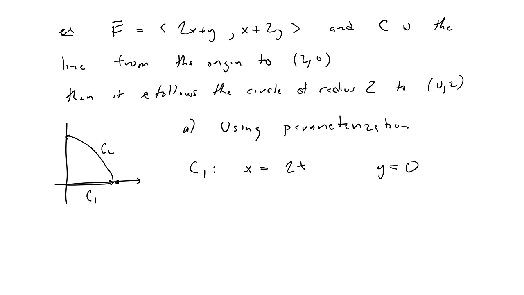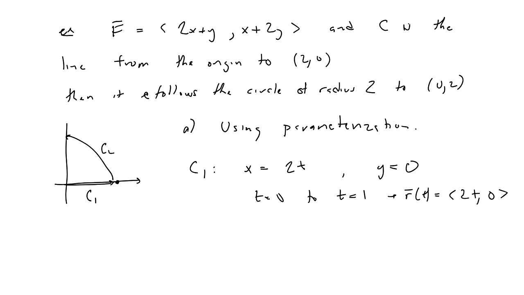And if you do it that way, the nice thing is you're always going from 0 to 1. It doesn't always give you the nicest one, but it will always work if you're doing a line. So therefore, our r of t is equal to the vector function 2t, 0.